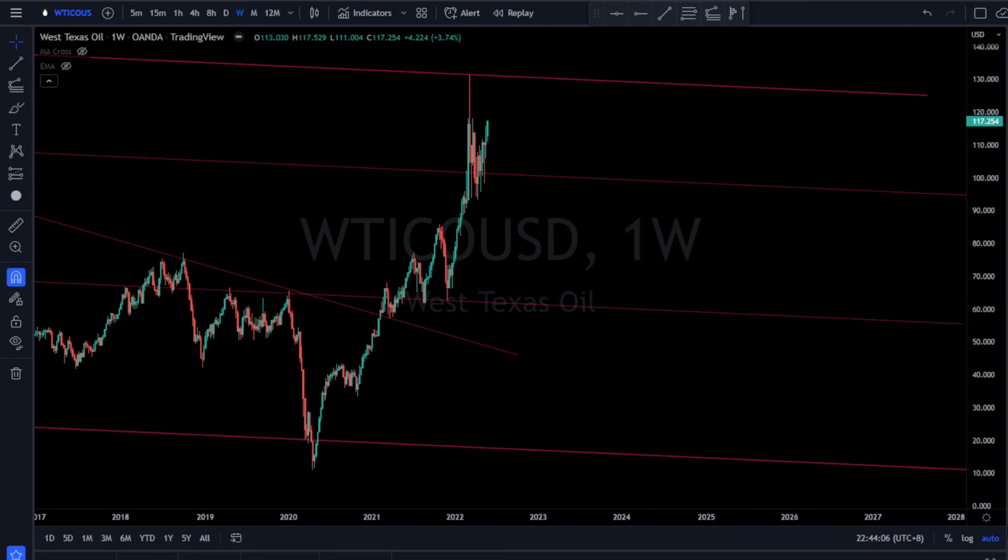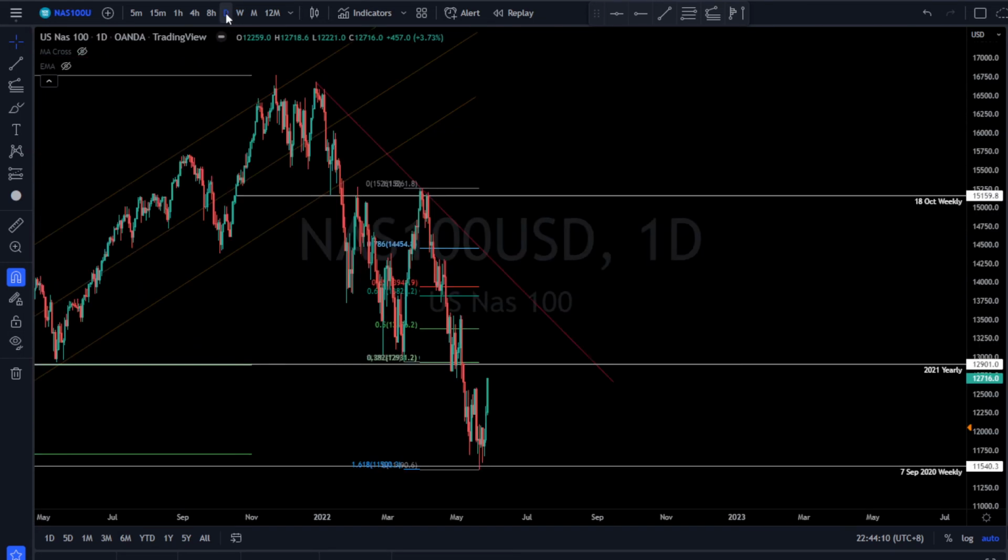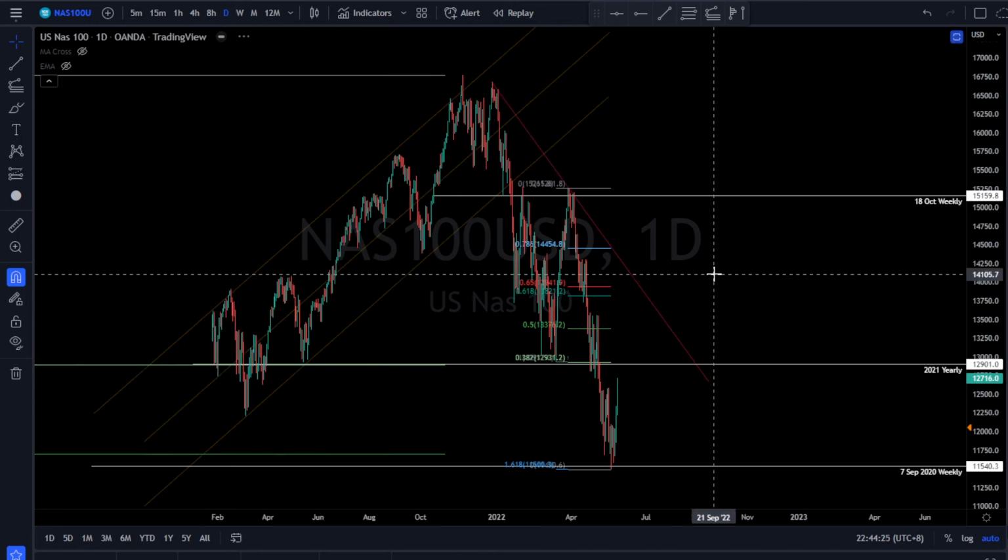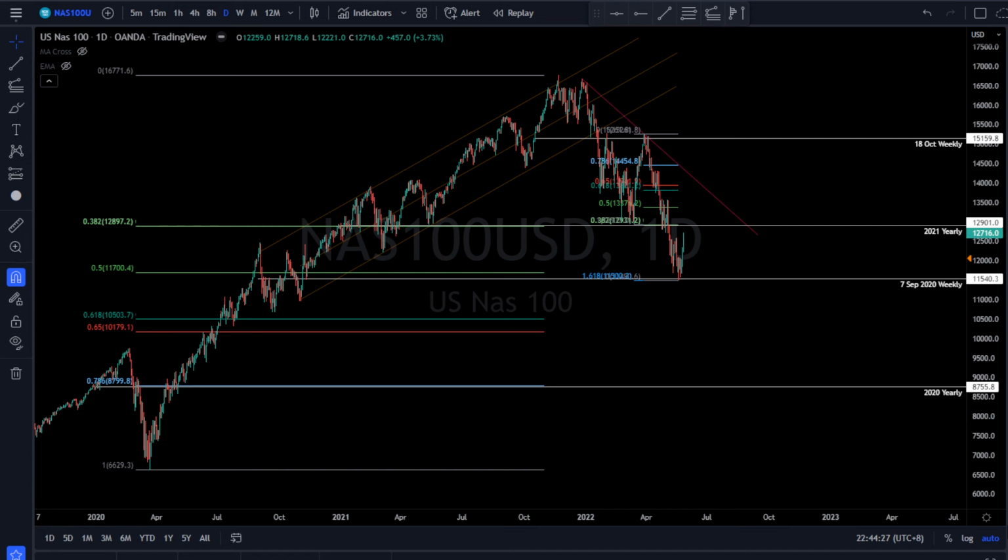Okay, lastly, let's move on to the Nasdaq. Right, I use the Nasdaq to give some direction to the crypto markets, since Bitcoin for now is considered a technological growth asset, and they move quite in line. Okay, so what has been going on in the Nasdaq?